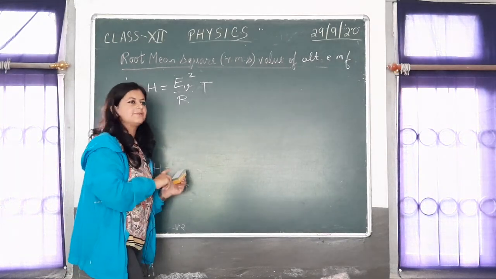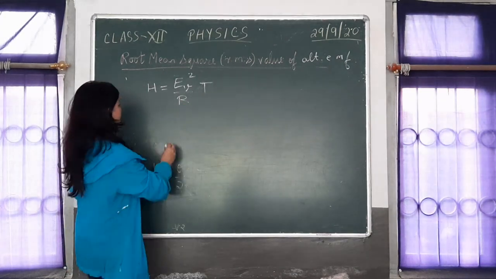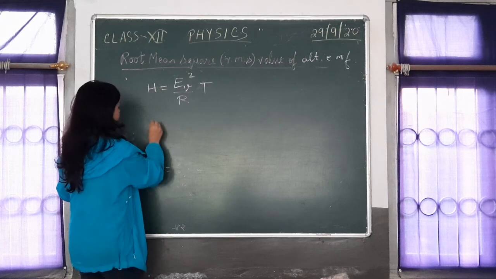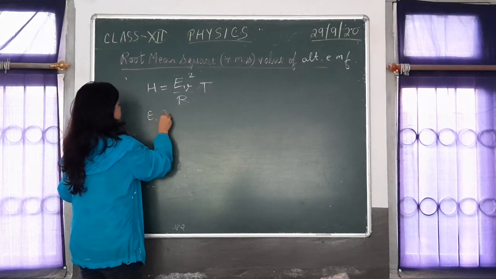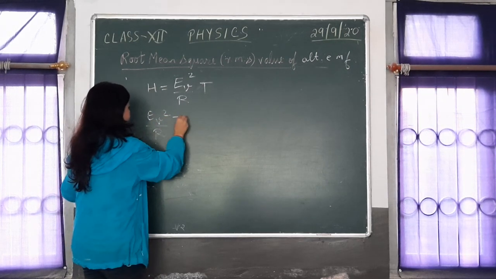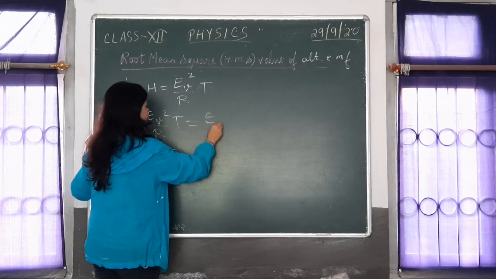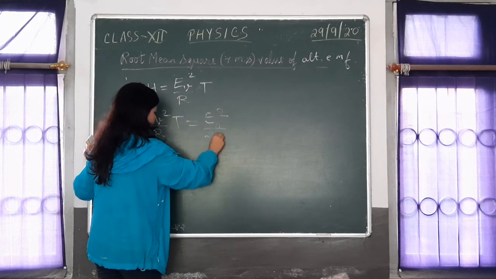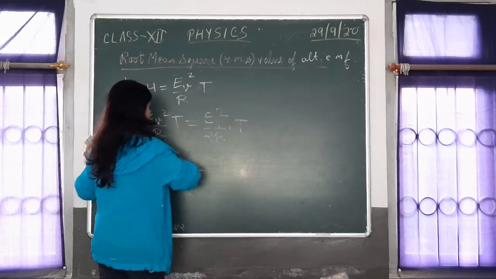In the case of AC, for the DC also you have to take the same cycle. Now you need to compare these two, that is EV square by R T is equal to E naught square by 2R into T.